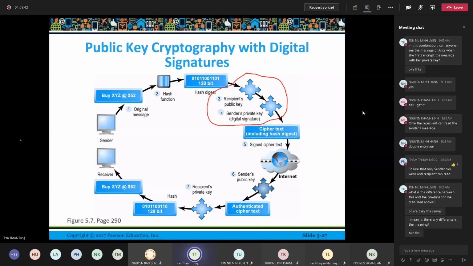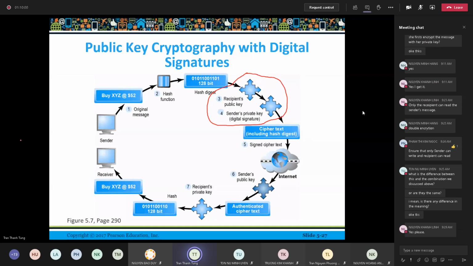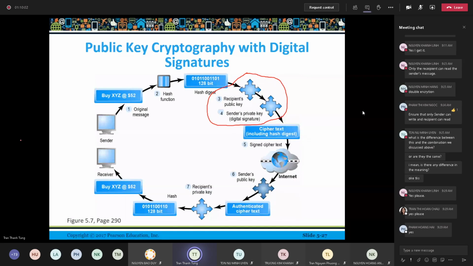Everyone, do you want to know a bit more on the way that we use public key and private key in blockchain? Or is that enough for you? Yes or no, please? Okay.